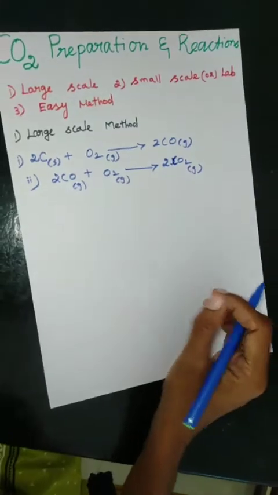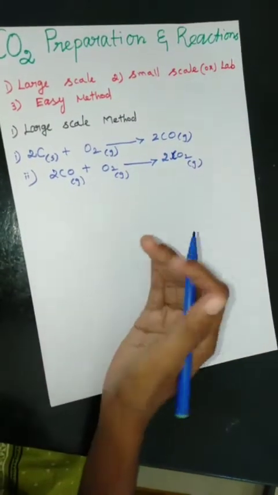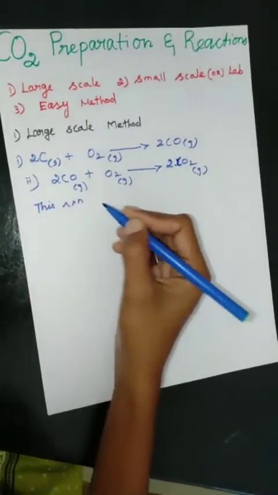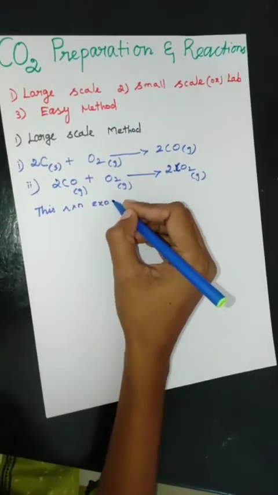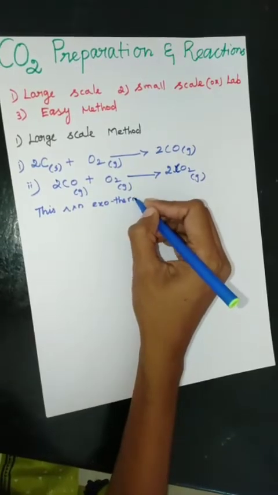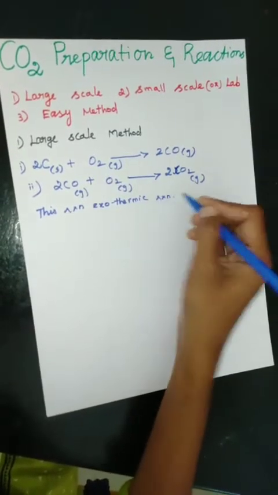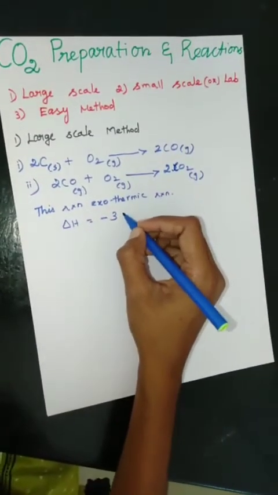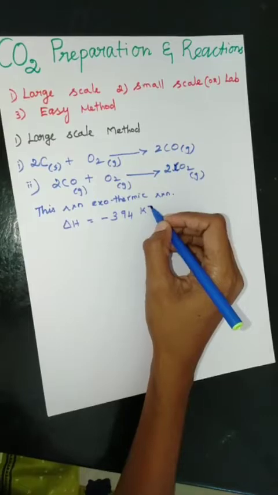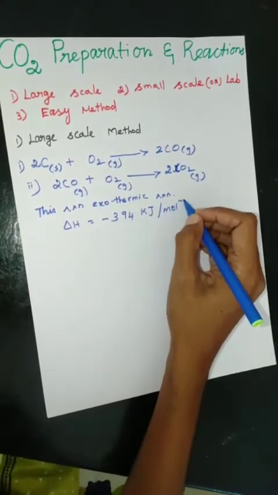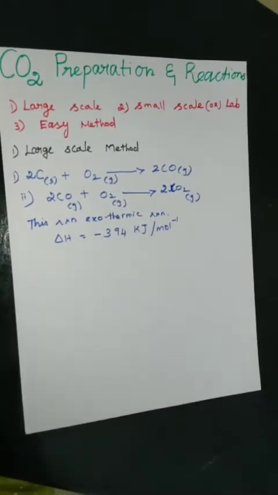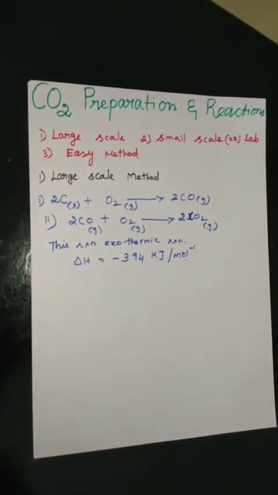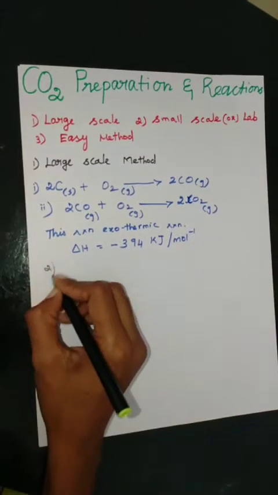So in the reaction என்ன சொல்லுவோம்னா, this is an exothermic reaction, and இதோட delta H value பார்த்தோம்னா, that is minus 394 kJ mol^-1. So this is the first method, and the second method என்ன பார்த்தோம், that is small scale, which means laboratory preparation.